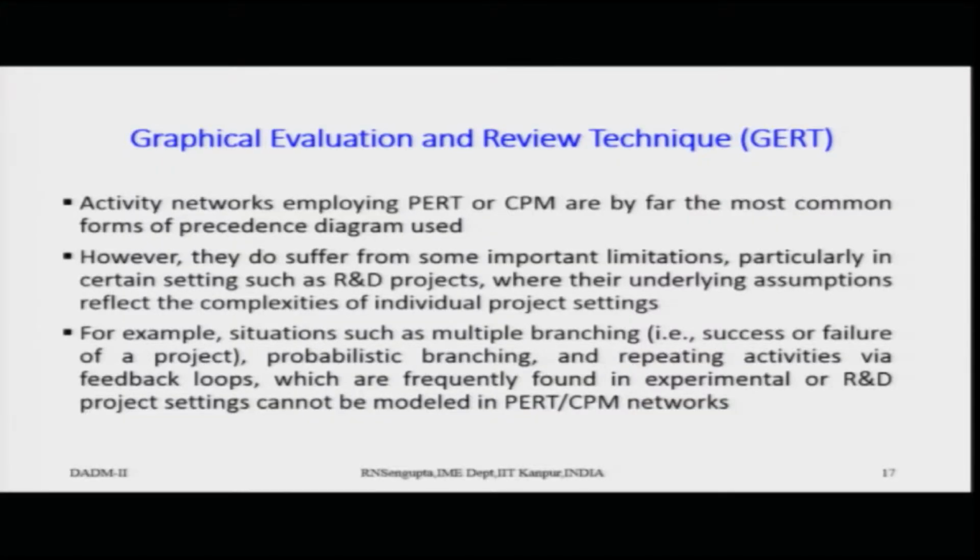So, activity networks employing PERT, or project evaluation review technique, or CPM, are by far the most common forms of precedence diagram. However, they do suffer from important limitations, particularly in settings of R&D. Consider an R&D project trying to come up with a new product in the market, like a new refrigerator, a new AC, or a different brand of car that you want to test market, or a new drug, a medicine for fever or for cough and cold.